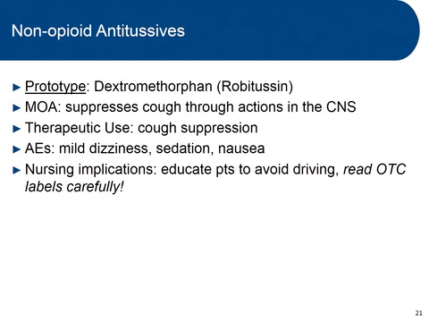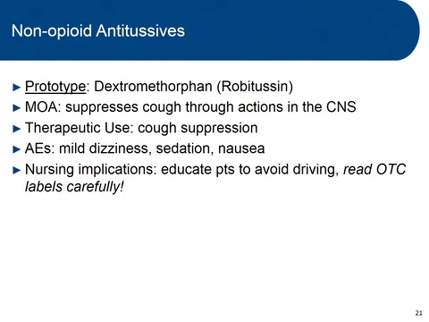So because it can cause sedation, patients should be educated to avoid driving and other hazardous activities until they are clear how the drug affects them. And they also need to be educated to read over-the-counter labels very carefully. I mentioned already that dextromethorphan is contained in upwards of 150 different products in the United States. So there could be any number of other ingredients also in those specific products.